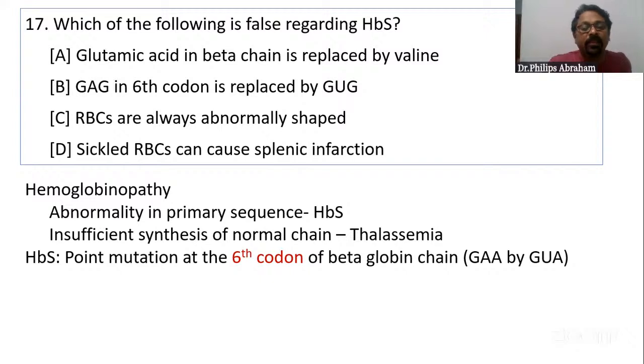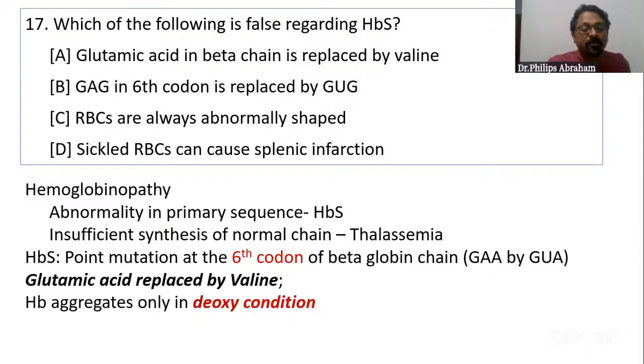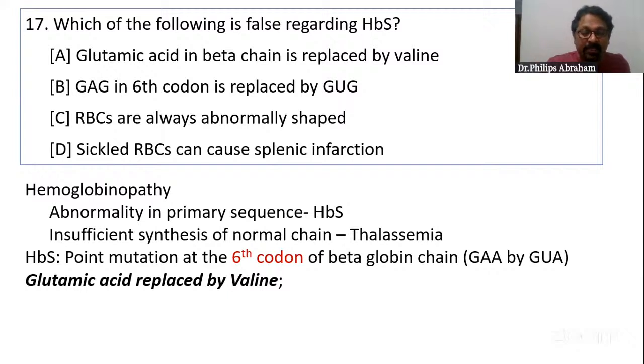Naturally, what will happen? It is replaced by valine. Glutamic acid is replaced by valine. Now because of the change in the beta globin chain, in an RBC in deoxy condition, all this hemoglobin will aggregate together, clump together. That leads to sickling of RBC.